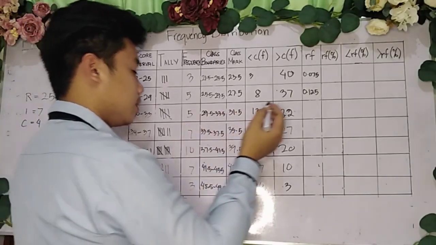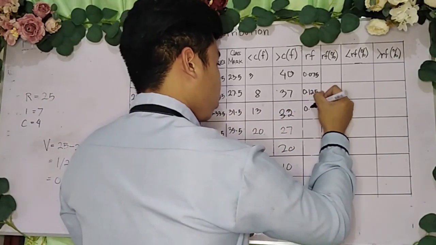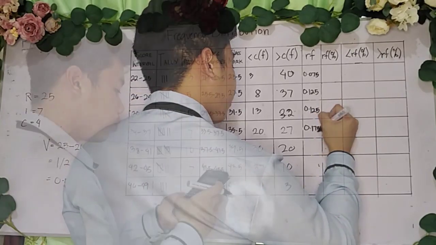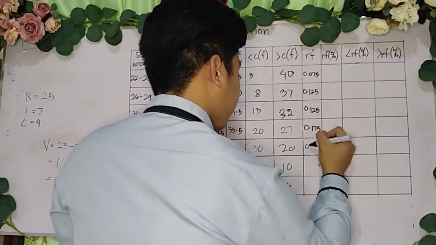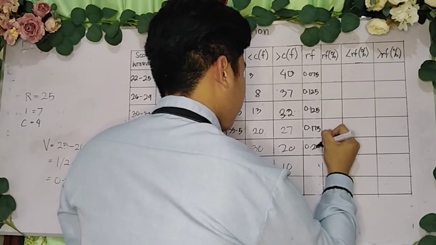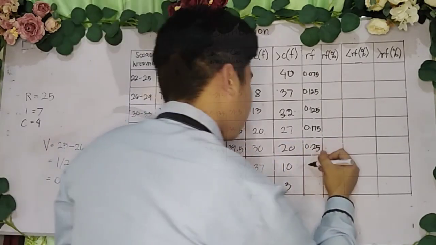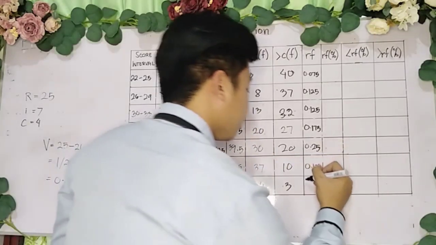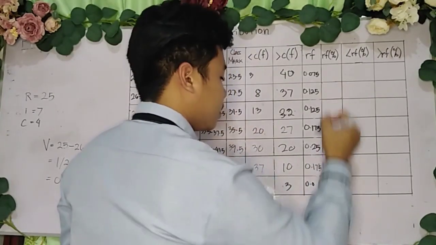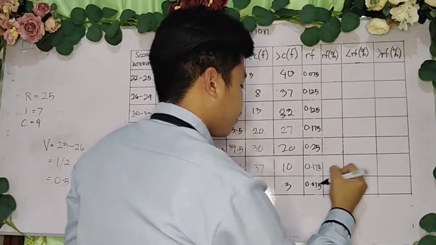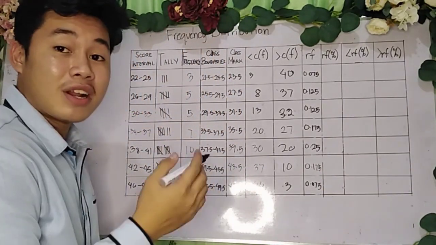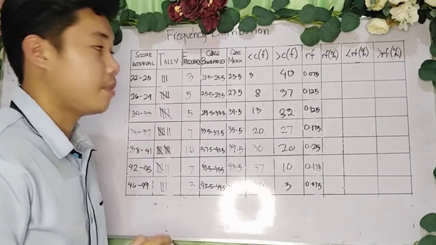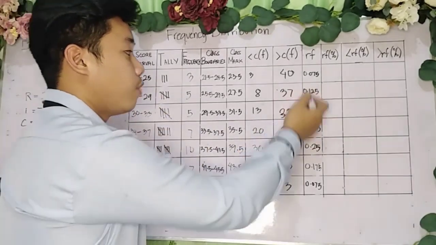Since this is 5, we just need to copy 0.125. Then 0.175, then 0.25, then 0.175, then 0.075.